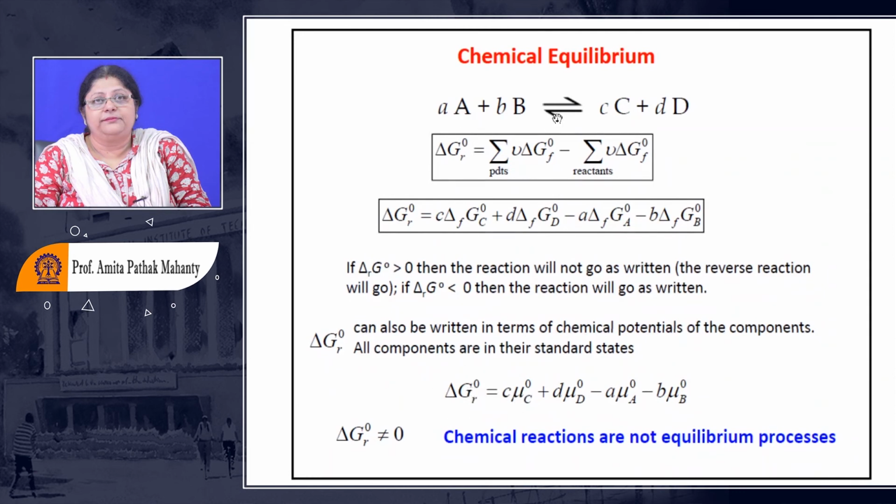How do I write this for this reaction? All the coefficients of the products I write as positive times the chemical potential, and the ones which are reactants will have a negative sign. So you sum it over, and that will give you the delta G naught for that reaction. For any chemical reaction, the standard reaction Gibbs energy is not equal to 0.